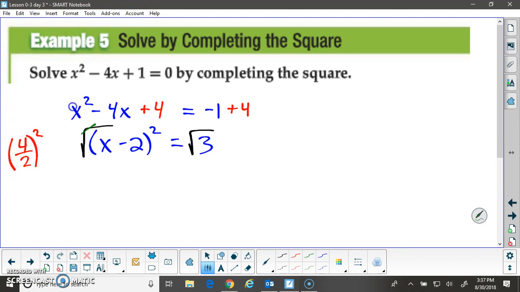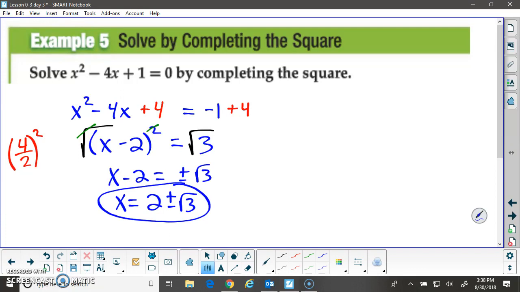The square and the square root would cancel, and that leaves us with an x minus 2 on the left. On the right we have a plus or minus square root of 3. Bring the 2 over by adding, and we'd have 2 plus or minus the square root of 3. And those would be my two exact solutions, and we did this by the process called completing the square.